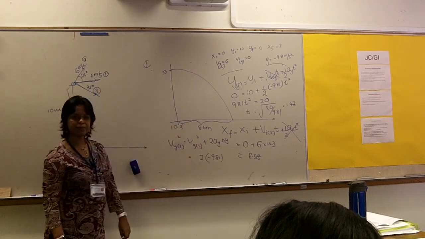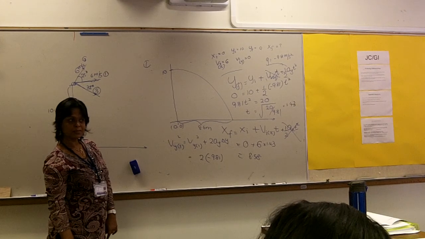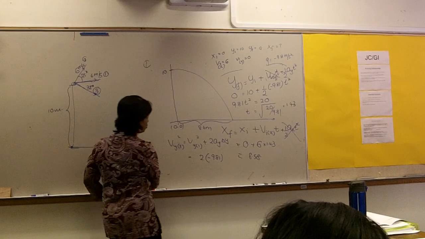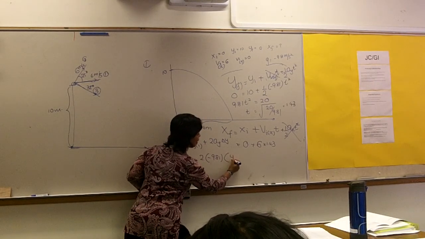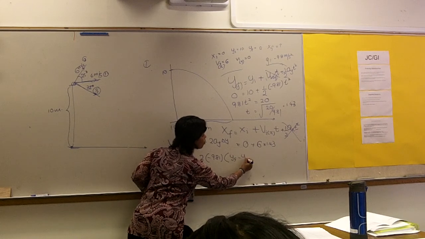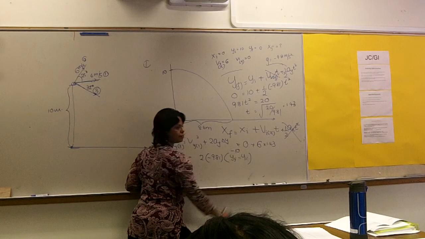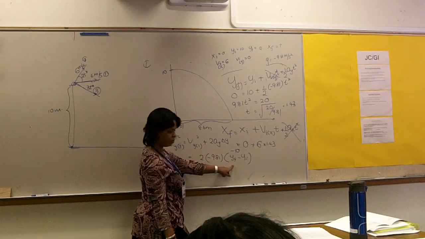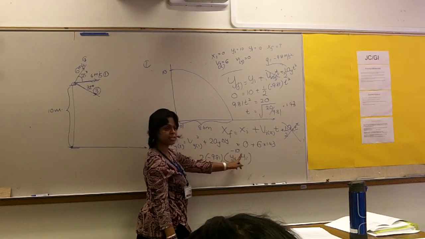What is delta y? Is it 10? No, not 8.6. It's y final minus y initial: negative 10, because y final is 0 and initial is 10.